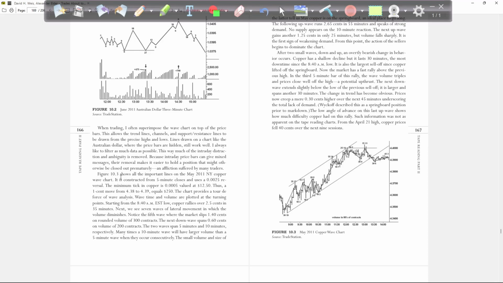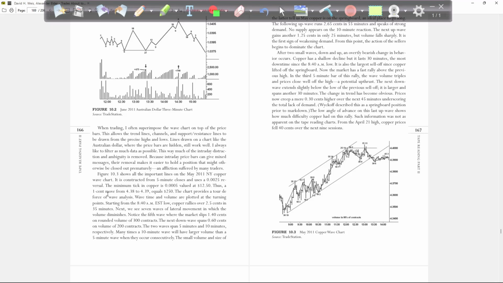Now figure 10.3 shows all the important lines on the May 2011 NY copper wave chart. It is constructed from 5-minute closes and uses a 0.0025 reversal. The minimum tick in copper is 5 times 10 to the minus 4, valued at $12.50.